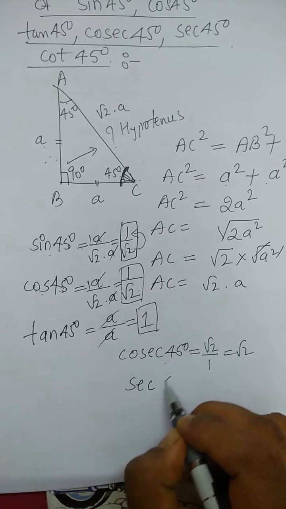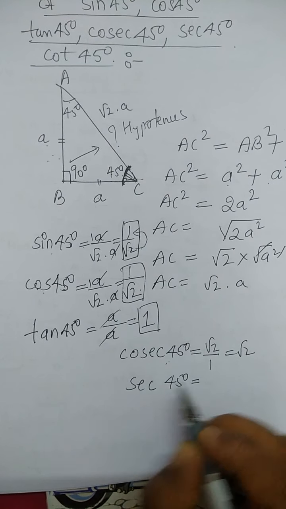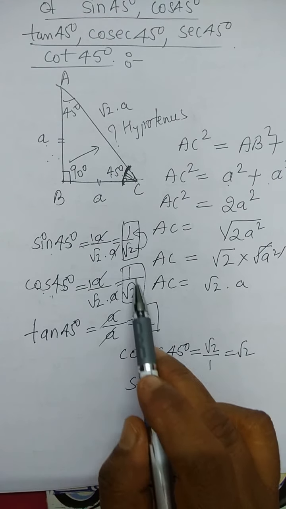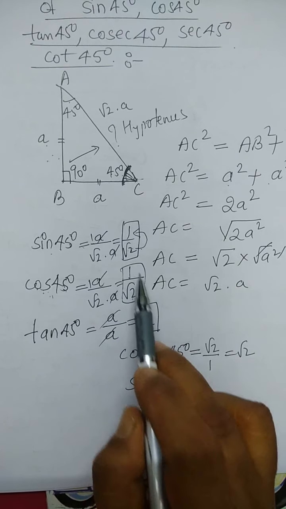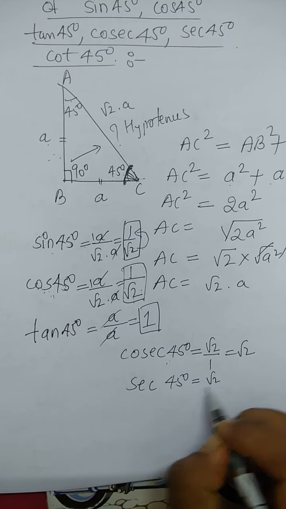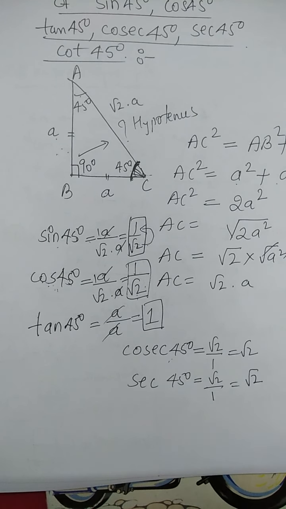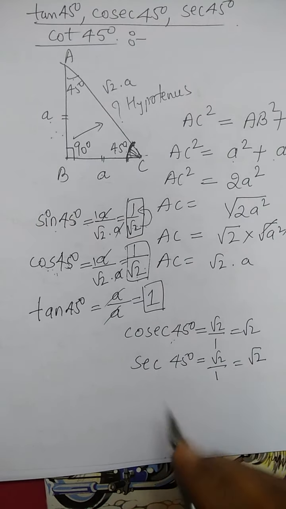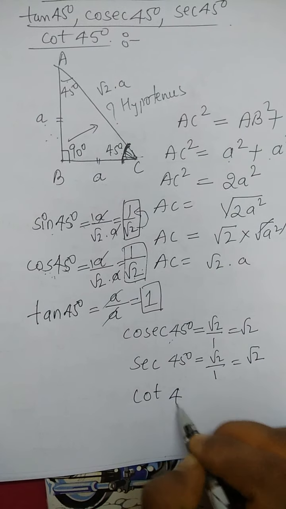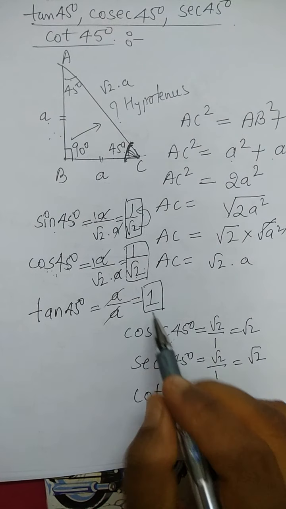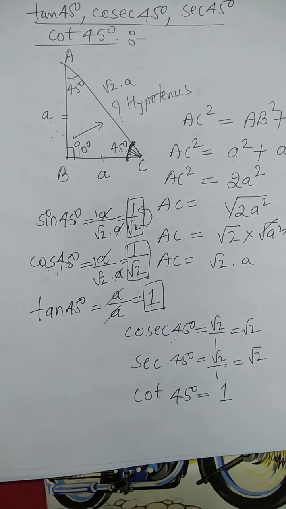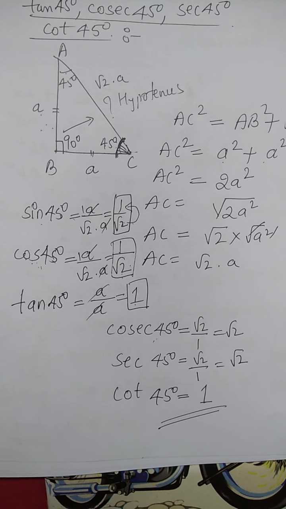And sec is the reciprocal of cos. So cos 45 is 1 by root 2, it will become root 2 by 1, means root 2. Okay. Now cot 45, reciprocal of 1 is 1. So tan 45 and cot 45 are 1. In this way you have to find the values of all the ratios for the 45-degree angle.